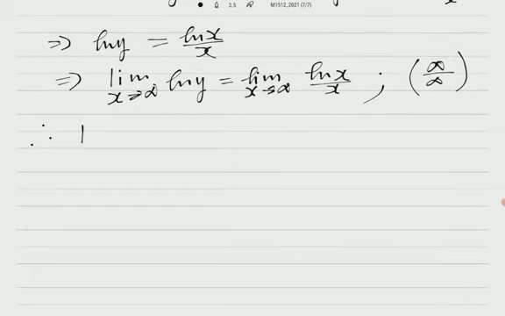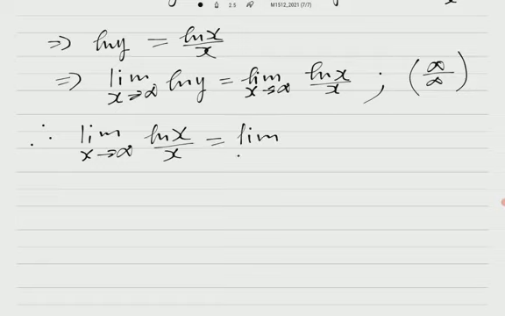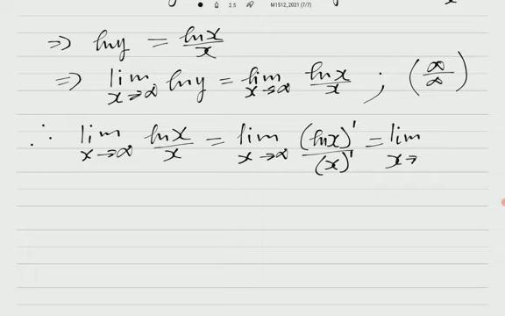Therefore, we can say the limit as x goes to infinity of ln of x over x will be equal to the limit as x goes to infinity of the derivative of the top by L'Hospital over the derivative of the denominator, which gives us nothing but the limit as x goes to infinity of 1 over x on top and 1 on the bottom, so you are safe.